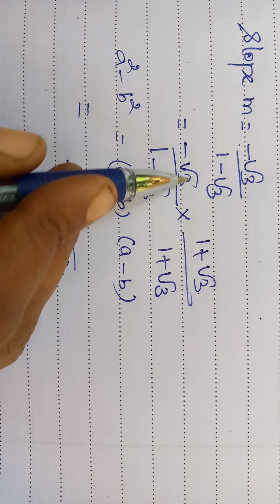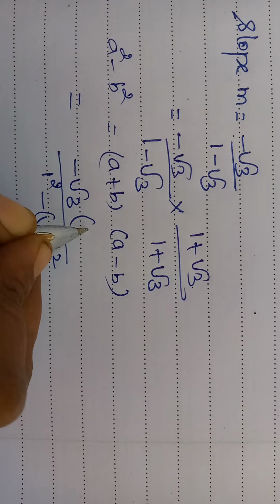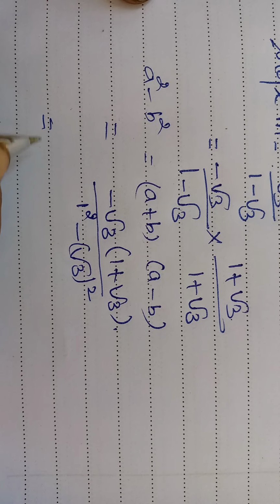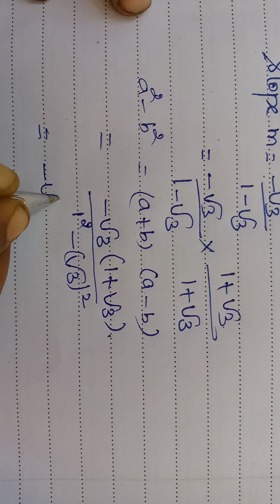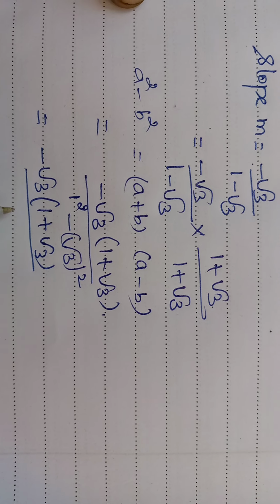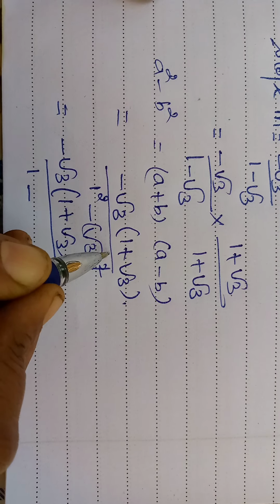The numerator stays as it is, minus root 3 into 1 plus root 3, divided by 1 square is 1 minus root 3 the whole square, where square and square root cancel.